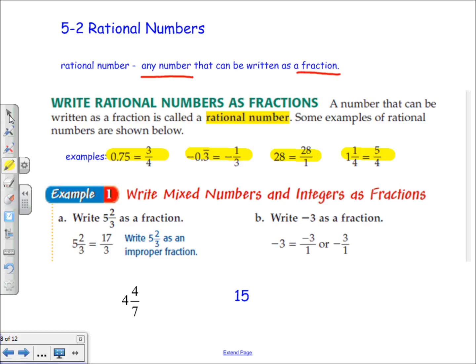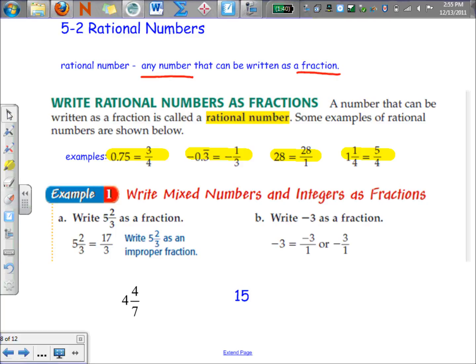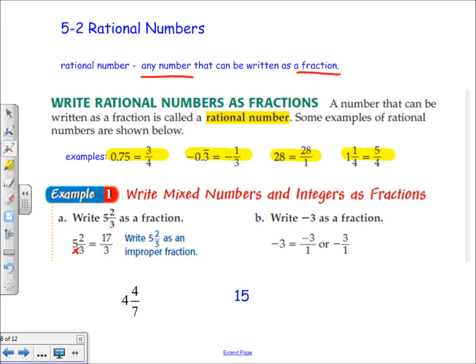All right. Let's look at an example of writing a mixed number as a fraction. Just as a review, you all should definitely remember how to do this. You've been learning this since probably 4th grade. Here we have 5 2/3, and we're going to change that to an improper fraction. So 5 times 3 is 15, plus the numerator 2 is 17.